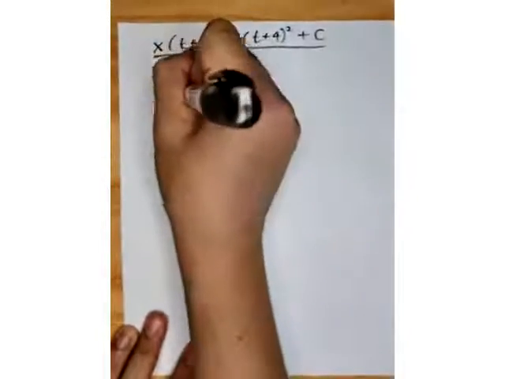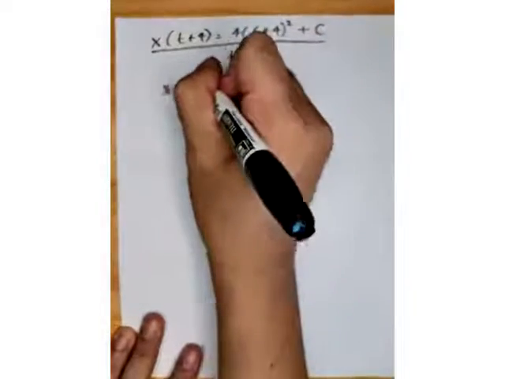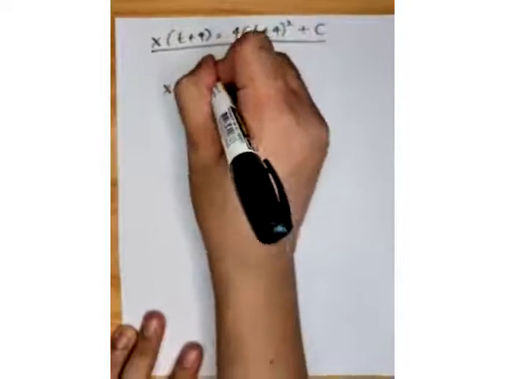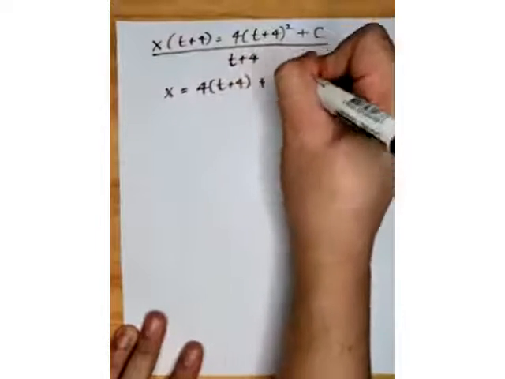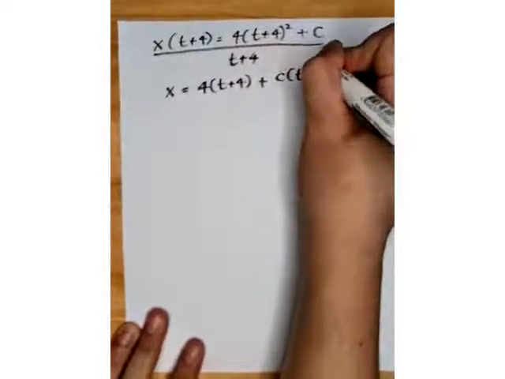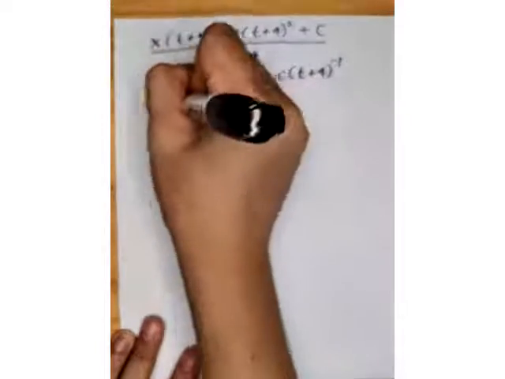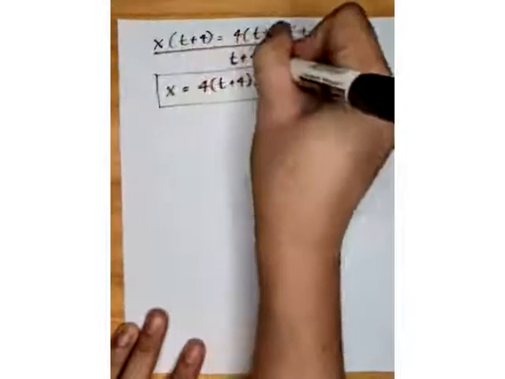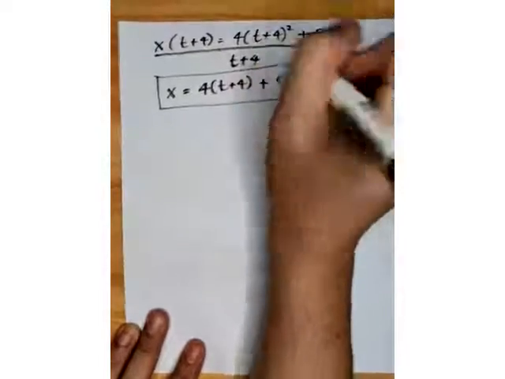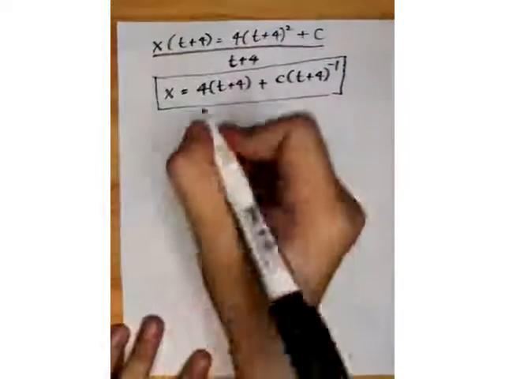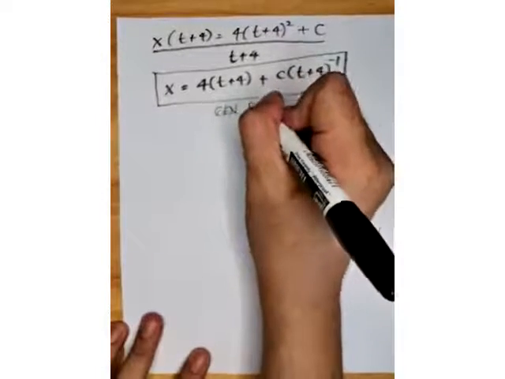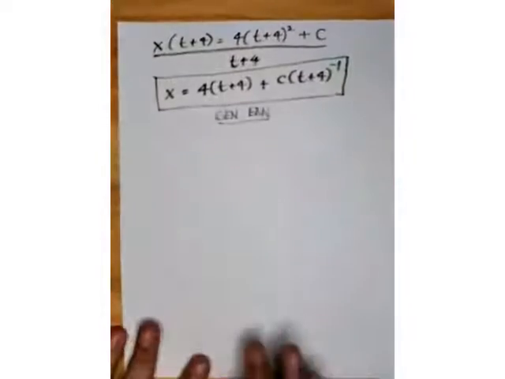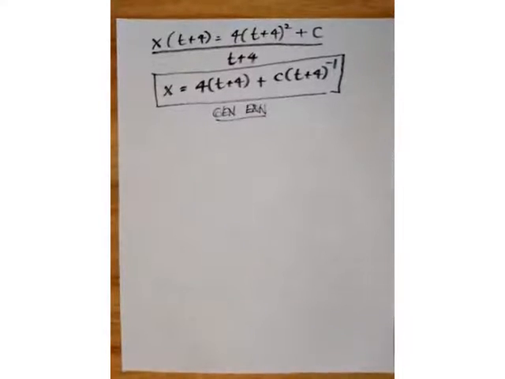So x is equal to 4 times (t plus 4) plus c times (t plus 4) raised to negative 1. So this will be our general equation, or solution. Ayan. So may question?